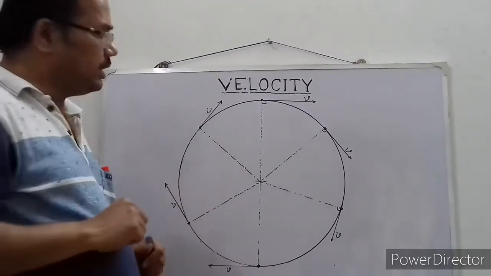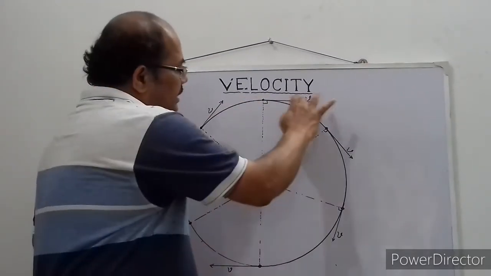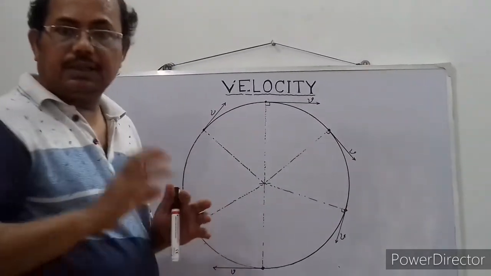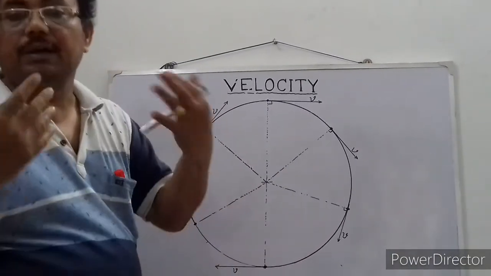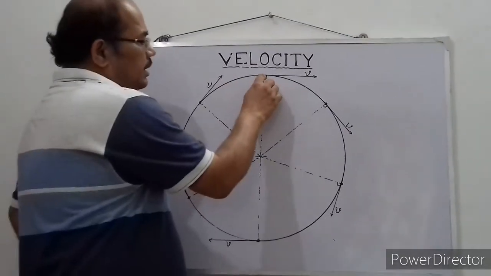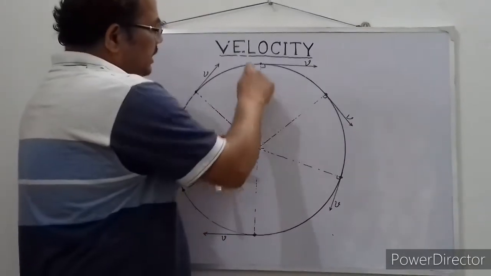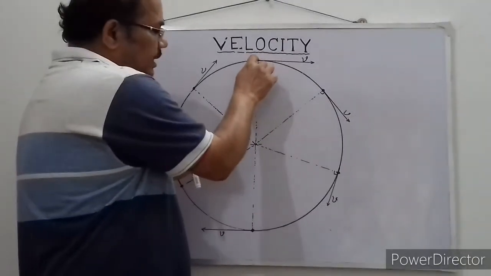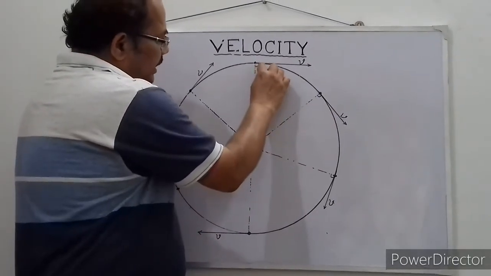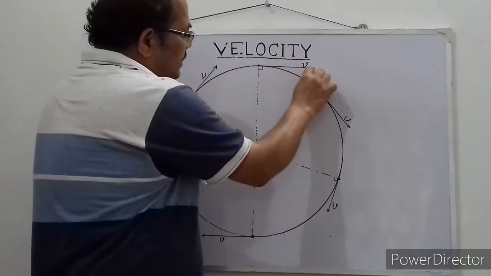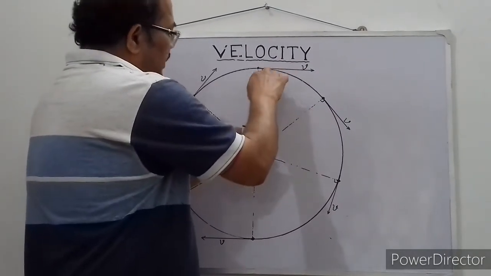But in case of velocity, why is it not uniform? Because the magnitude is the same, but the direction of the velocity is changing at every instant. Here the direction of the velocity is in this direction, that means along the tangent of the circular path at that point, at 90 degrees to the radius.